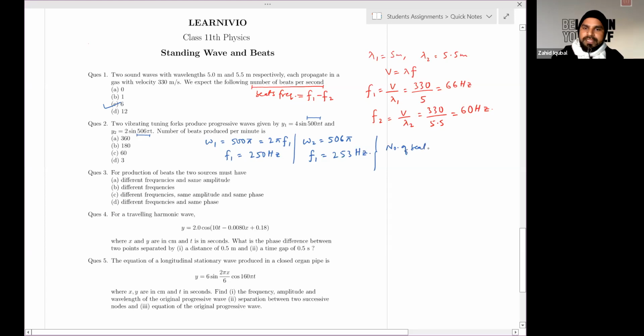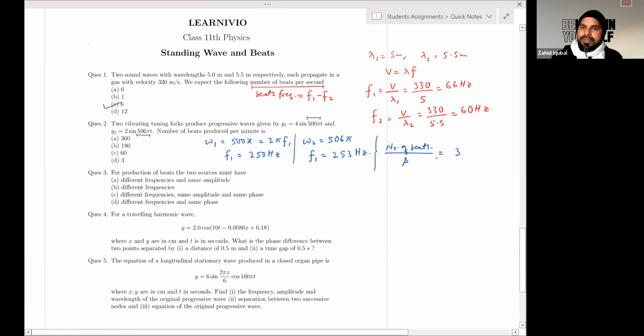Number of beats per second is equal to the frequency difference of these two sources. So it will be 253 minus 250, that is 3 hertz. But in this part, we have to calculate per minute. It means you have to convert this particular time, second, into minute.